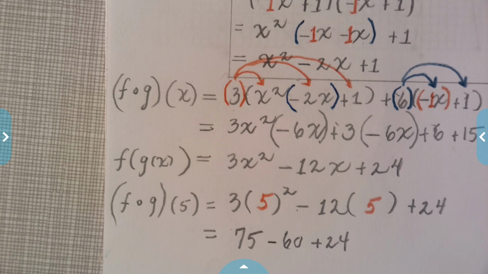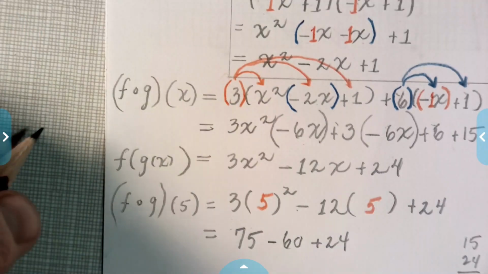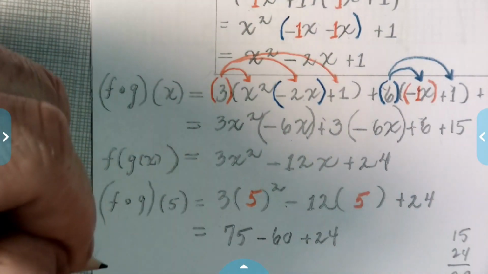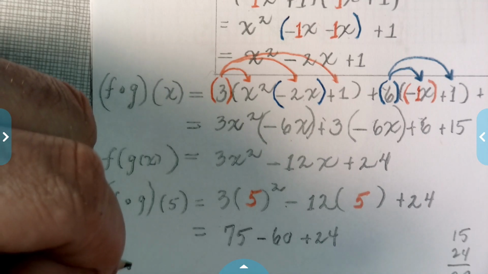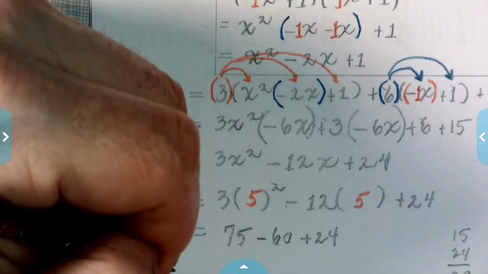So that would be 15, 25, 35, 39, right? Let's just make sure we're not making some stupid mistake. 15 plus 24, 39. Okay, good. All right, so the final answer, we have f, the composition of f and g at 5 is 39.